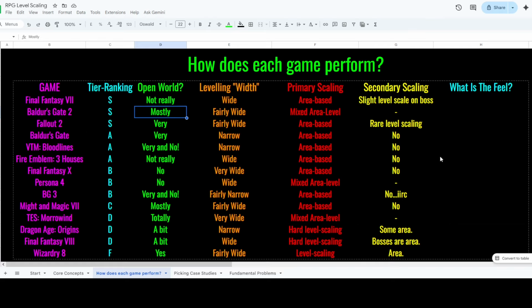And somebody very kindly and gently just sort of raised their hand and said, you do realise that Baldur's Gate 2 has got level scaling?